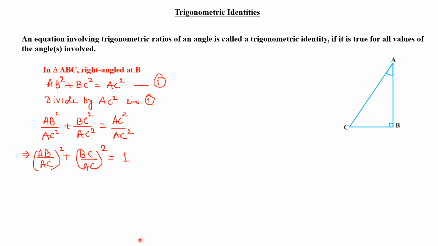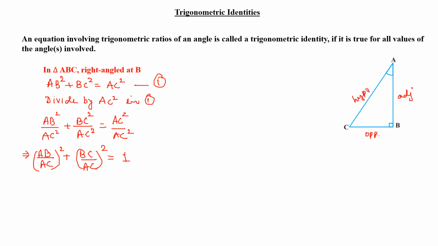Now from the figure, what is AB by AC? We have already studied all the trigonometric ratios, isn't it? So if you consider this angle A, with respect to angle A, this will be your opposite side, this will be the adjacent side and this will be the hypotenuse.